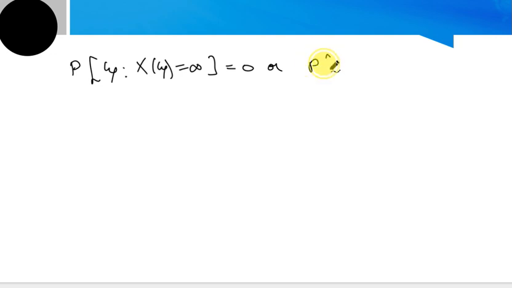Okay. Next, what is the probability associated? So the probability of eta where x of eta equals infinity is equal to 0, and it could also be the probability of eta when x of eta is minus infinity, this is also equal to 0, or it could be both.